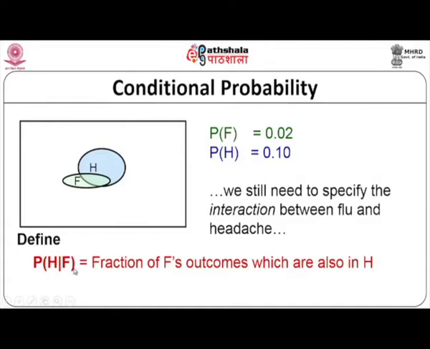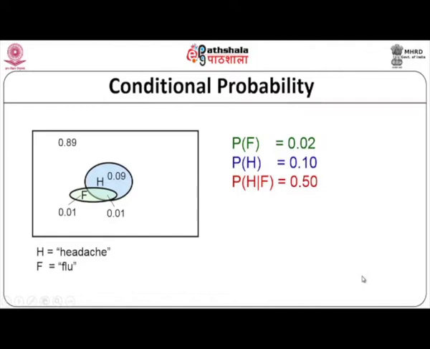So, this notation, probability of H given F, may be read as the fraction of F's outcomes which are also in H. We know the probability of patients having flu is 0.02, the probability of patients with headache is 0.1, and the overlapping region is determined by this conditional probability. The probability of a patient with the flu also having a headache is 0.50.